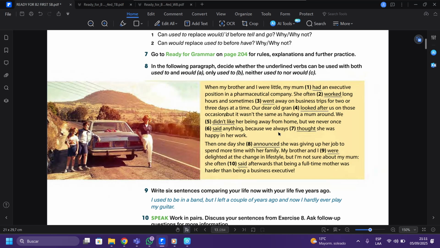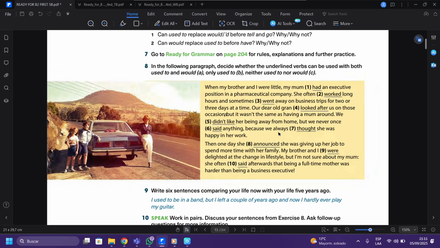It is very obvious that we cannot use would, right? Because have, in this case, is in the past, and it cannot be used with would because it's a stative verb. For example, can we say my mom would have? No, it's impossible.